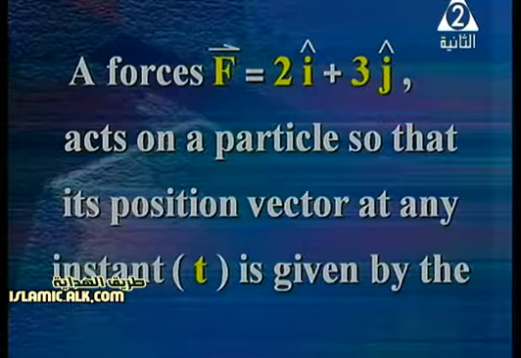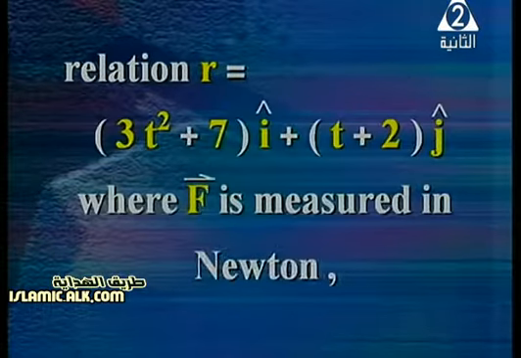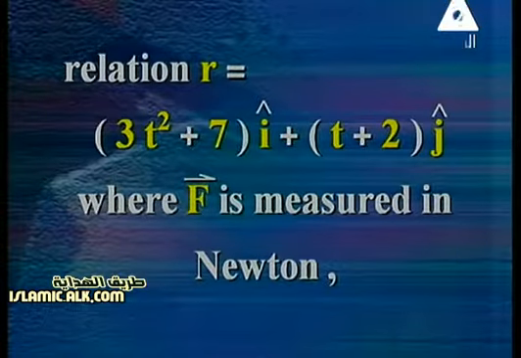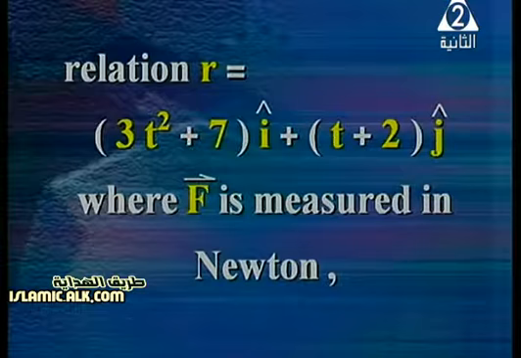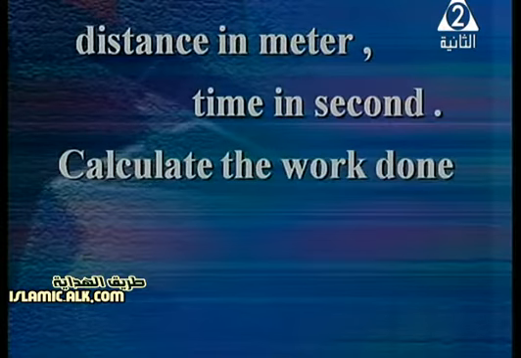Another example. If we have a force F equals 2i plus 3j acting on a particle so that its position vector at any instant t is given by the relation r equals (3t squared plus 7)i vector plus (t plus 2)j vector, where F is measured in Newtons, distance in meters, and time in seconds.